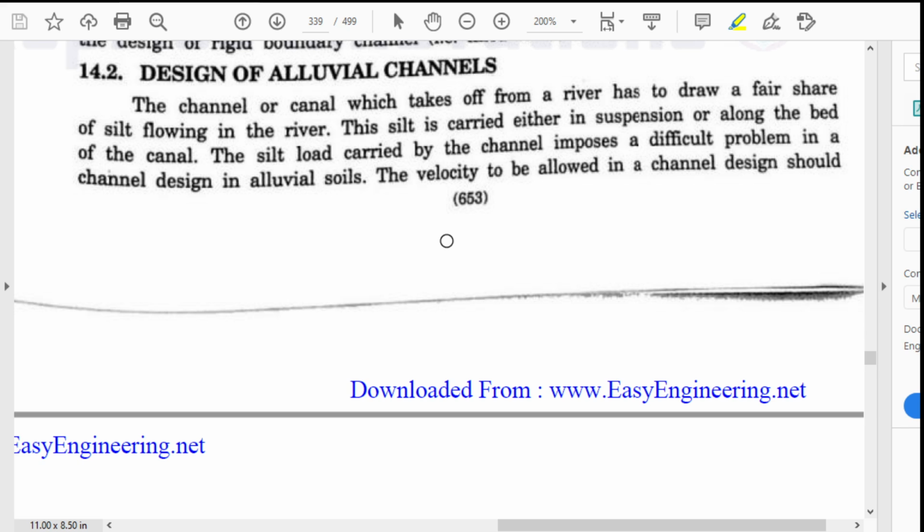So these theories are named after that particular scientist, that is Kennedy or Lacey. Now first, how to design the alluvial channels, general information about it.